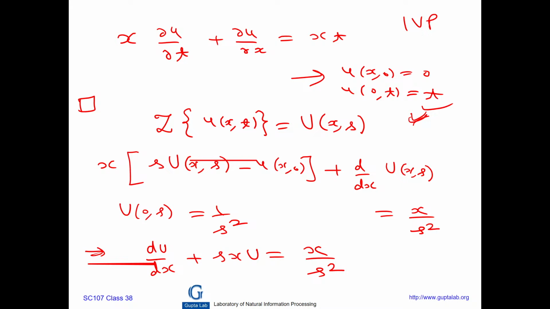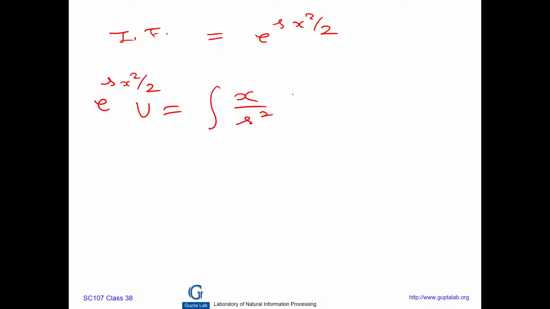And since this is a first order equation, I need to find the integrating factor. If you remember, the integrating factor is e raised to power s times x square by 2. So the solution will be e raised to power s times x square by 2 times capital U is equal to integration of x divided by s square e raised to power s x square by 2 dx plus some constant which is only a function of s.